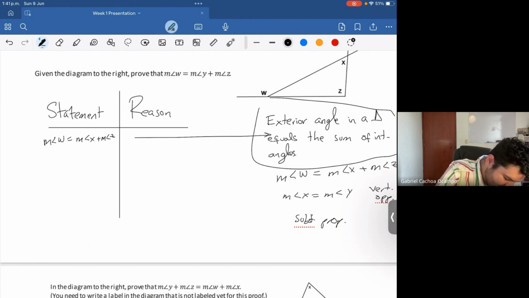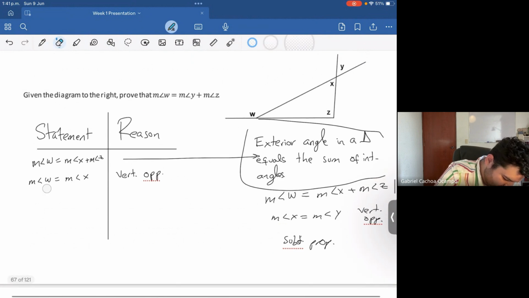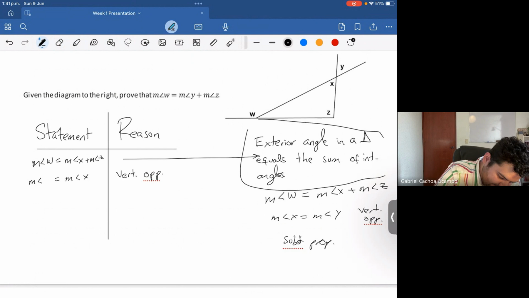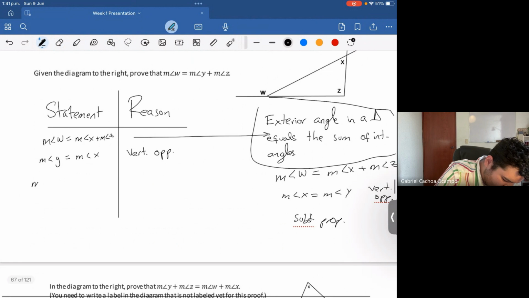Then we can see that angle W is the same as angle X because they are vertically opposite. Sorry, not angle X, it's angle Y. Then we can write just angle W equals angle Y plus angle C because of the substitution property.